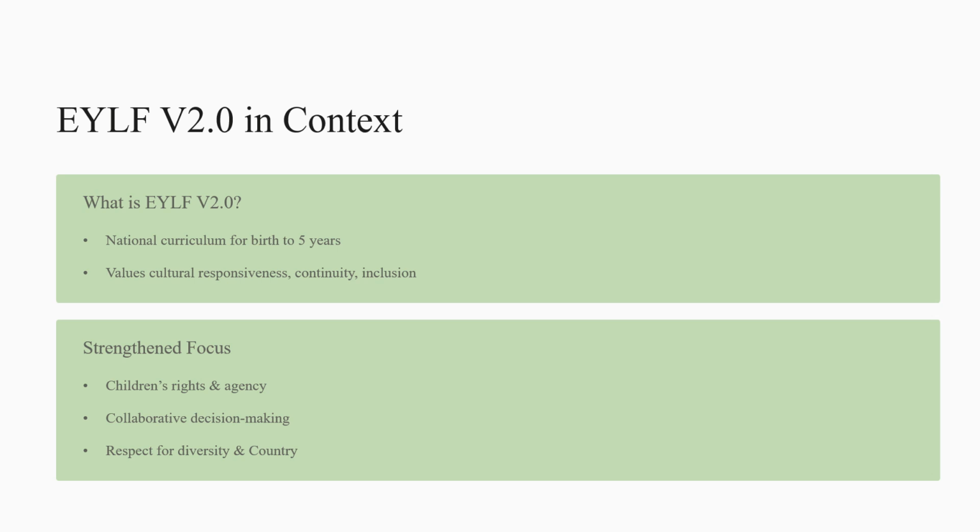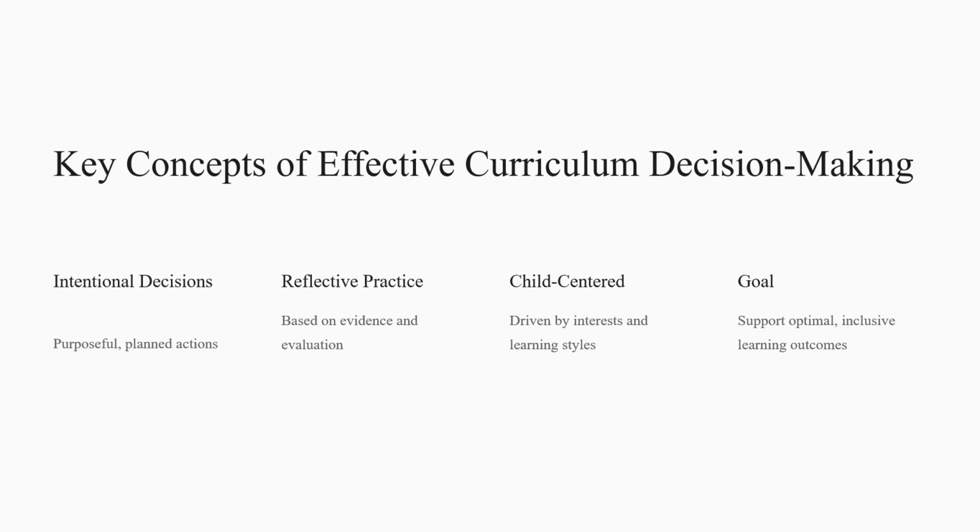The second one is collaborative decision making, where educators, children, and families co-construct learning. And the third one is respect for diversity and country, acknowledging Aboriginal and Torres Strait Islander perspectives and culture.